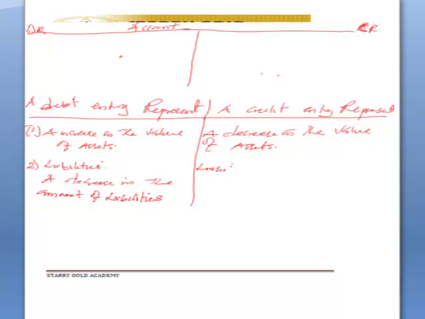So for liabilities, a credit entry indicates an increase in the amount of liabilities. Now let's look at expenses.